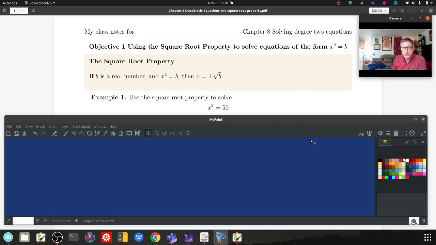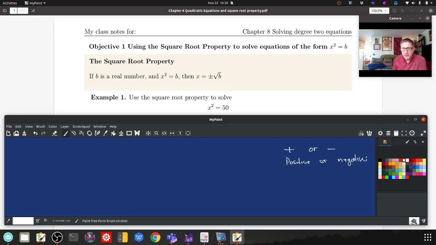So if b is a real number and x squared is equal to b, then x is equal to plus or minus the square root of b. So this symbol right here is shorthand for plus or minus, meaning positive or negative the value.